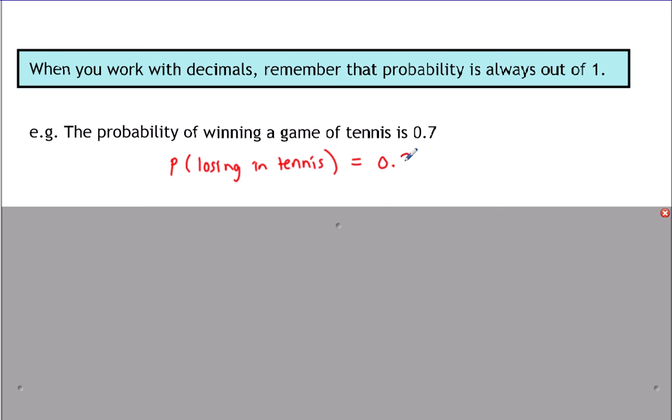And that would be 0.3. 0.3 and 0.7 make 1. So it can't be any other number. It couldn't be 0.2 because that doesn't add up to enough. It couldn't be 0.4 because that adds up to too much. They've got to make 1. And it's easy in this one because there's only 2 outcomes. You either win or you lose. If I had a sport like football, I'd have to know winning and drawing to work out losing.